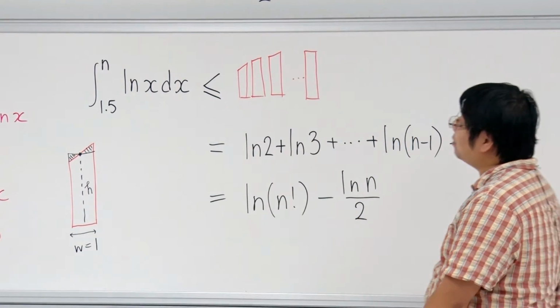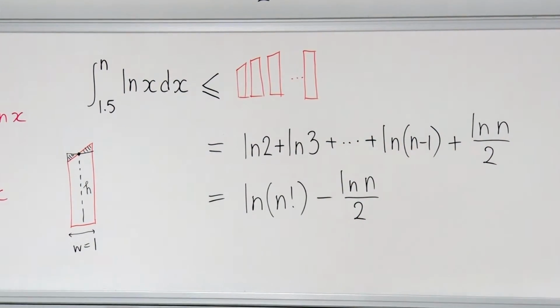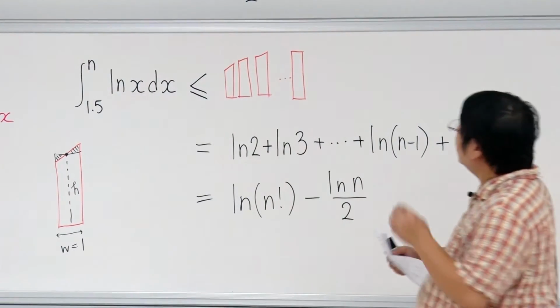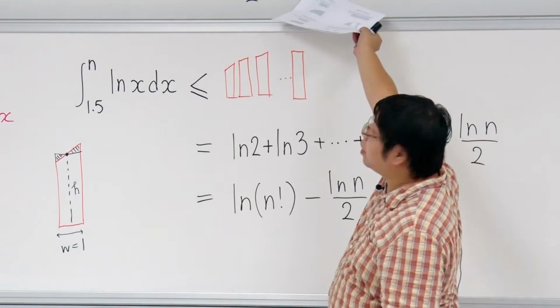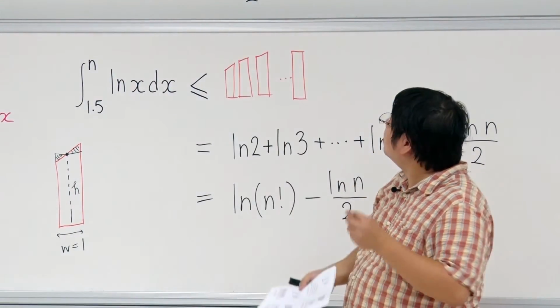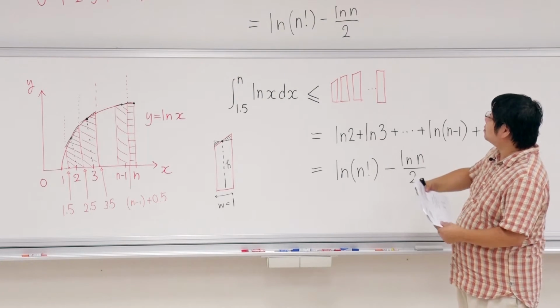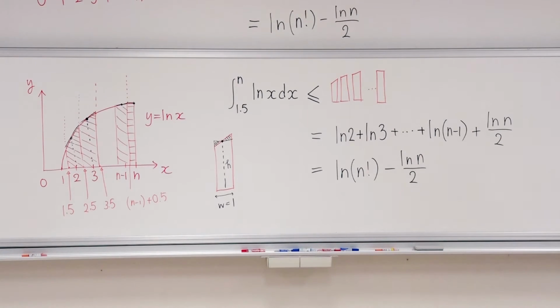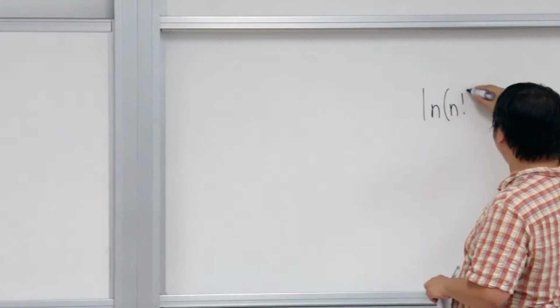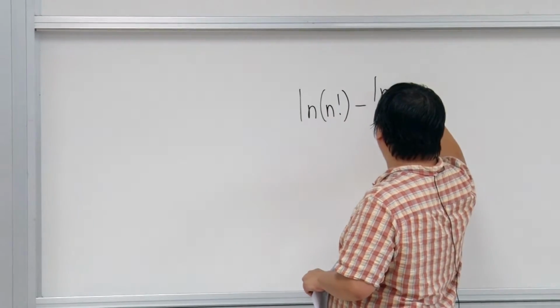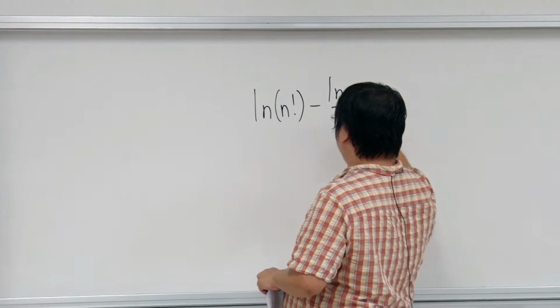Now the remaining is easy. We have the same term, log n factorial minus log n over 2. So let me copy it. So far we have log of n factorial minus log of n over 2.